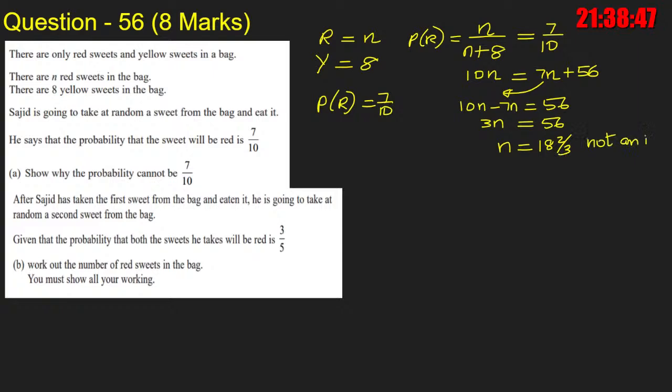So this shows why the probability cannot be 7 over 10.